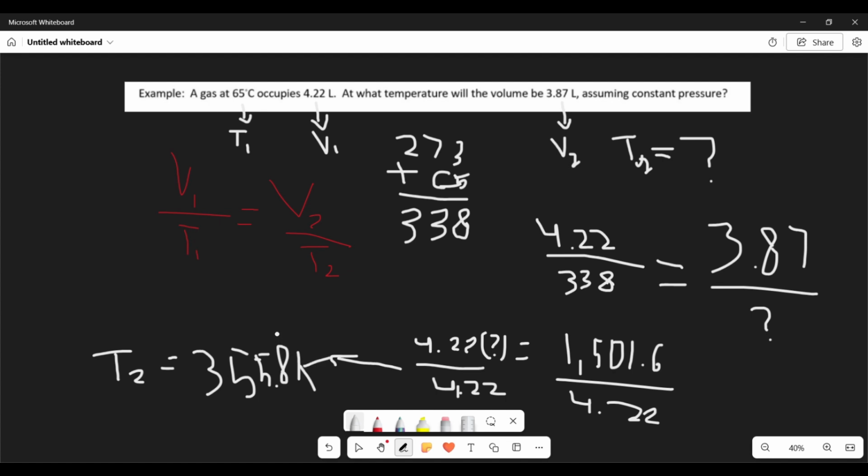Yeah, that's why it was a little bit confusing, because if it was in Celsius, that'd be too high of a number, but in kelvins, it'd be regular.